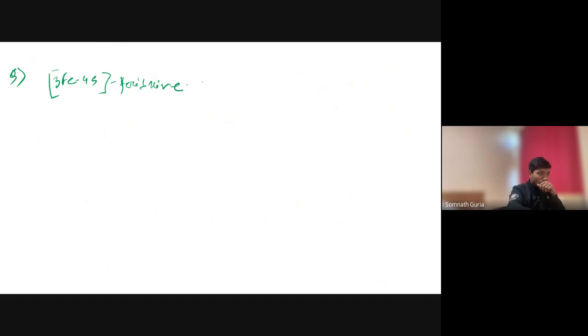With that, we are providing one electron and recording the Mossbauer spectra.